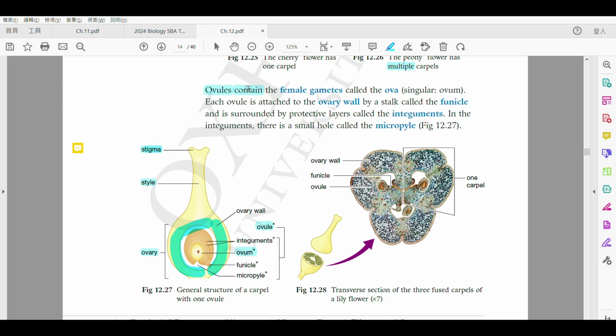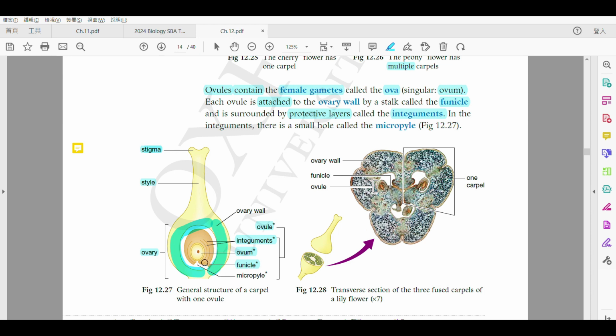The ovule contains the gamete, which is called an ovum, or ova in plural. It is not the same as ova. You can see that an ovule is connected to the ovary wall. How is it attached? There is a stalk, which we call the funicle. It is protected by several layers, protective layers called integuments.